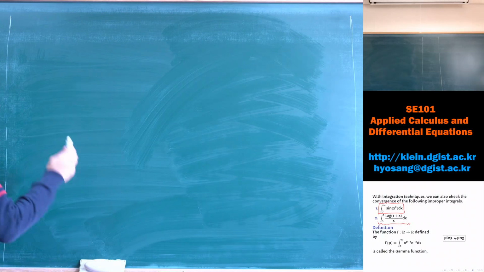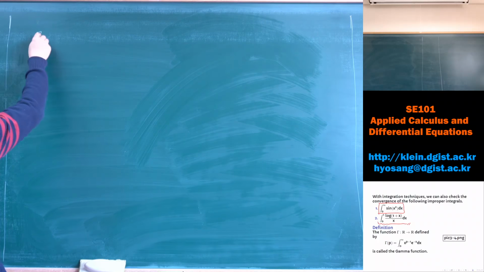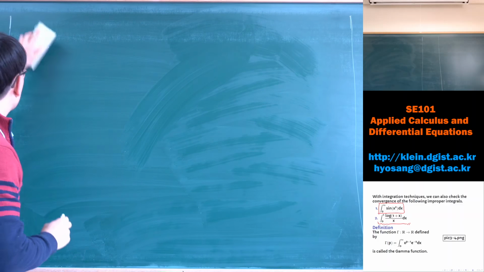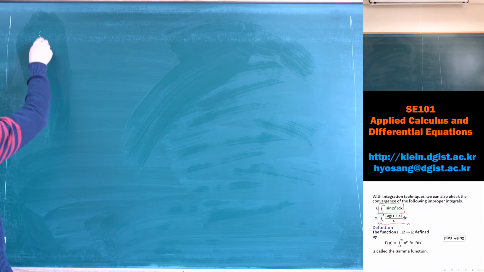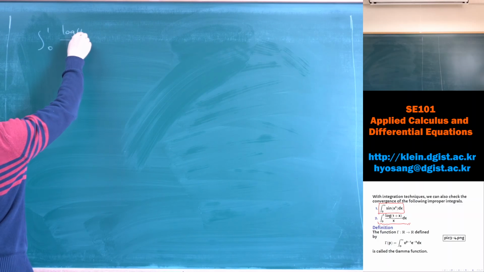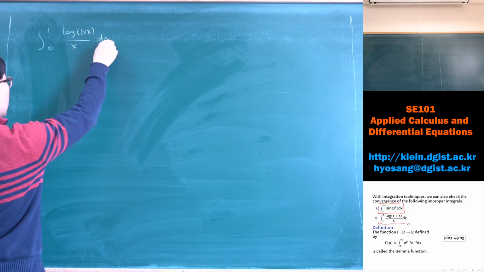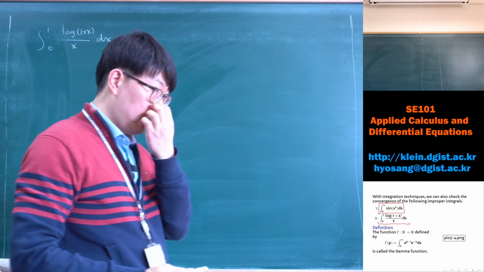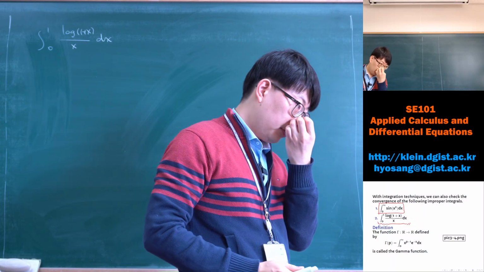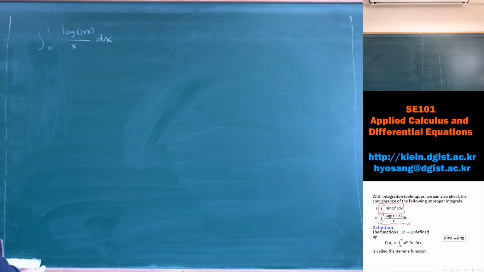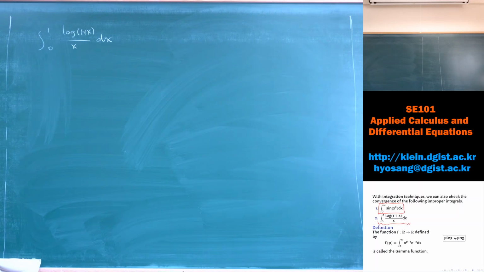Okay, so second one, we have the integral from 0 to 1 of log(1 plus x) over x dx. Now, you have to ask whether this is actually an improper integral.